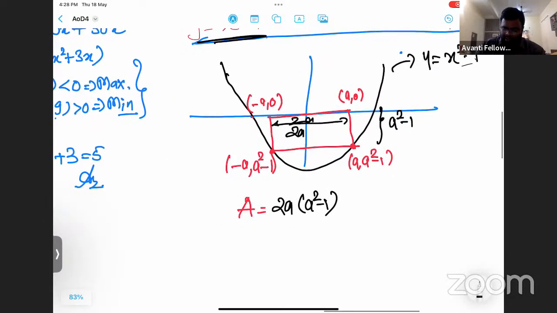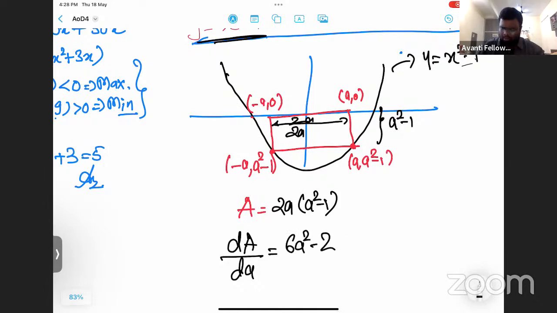You need to maximize the area, so dA by da is 6A square minus 2, equal to 0. A is equal to plus minus 1 by root 3.